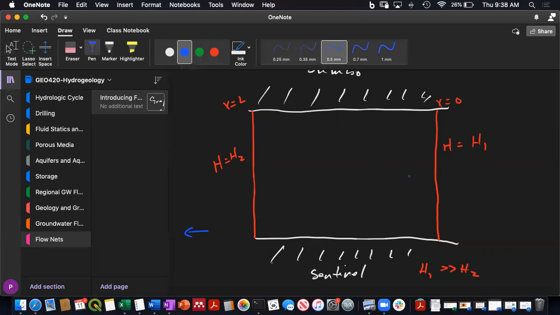So I'm going to start trying to draw a flow net. We will spend some time drawing flow nets for the next few classes. Make sure that you bring an eraser, because flow nets are hard to draw. So my blue lines here are going to be streamlines.